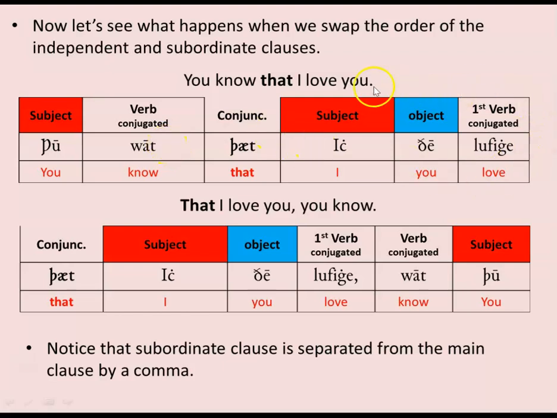Then I've been putting the secondary dependent clause at the end. But we don't have to do it that way. We can actually put this entire dependent clause right at the very beginning. Okay, so this saying here, you know that I love you, common phrase, okay.